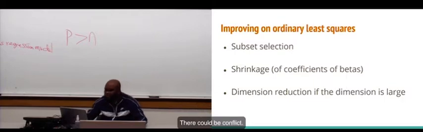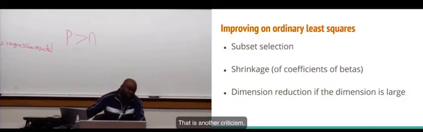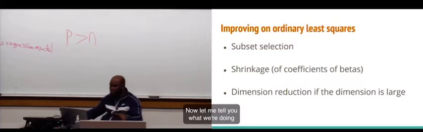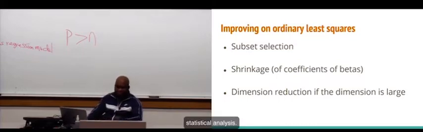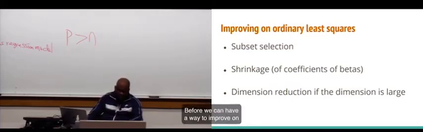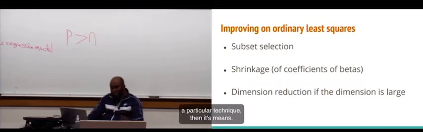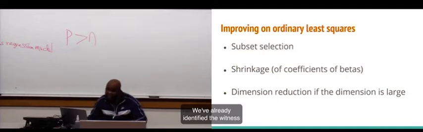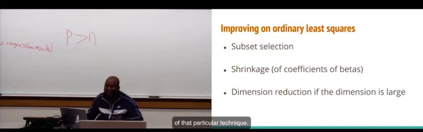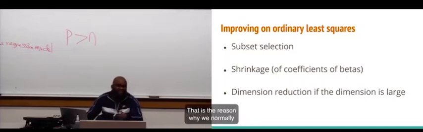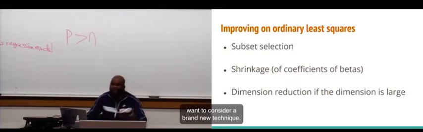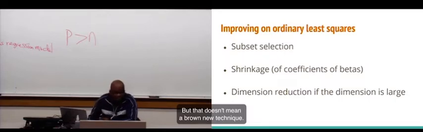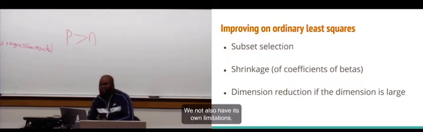There could be conflict, and that is another criticism. Now let me tell you what we do in statistical analysis. Before we can have a way to improve on a particular technique, it means we've already identified the weakness of that particular technique. That is the reason why we normally want to consider a brand new technique. But that doesn't mean a brand new technique will not also have its own limitation.